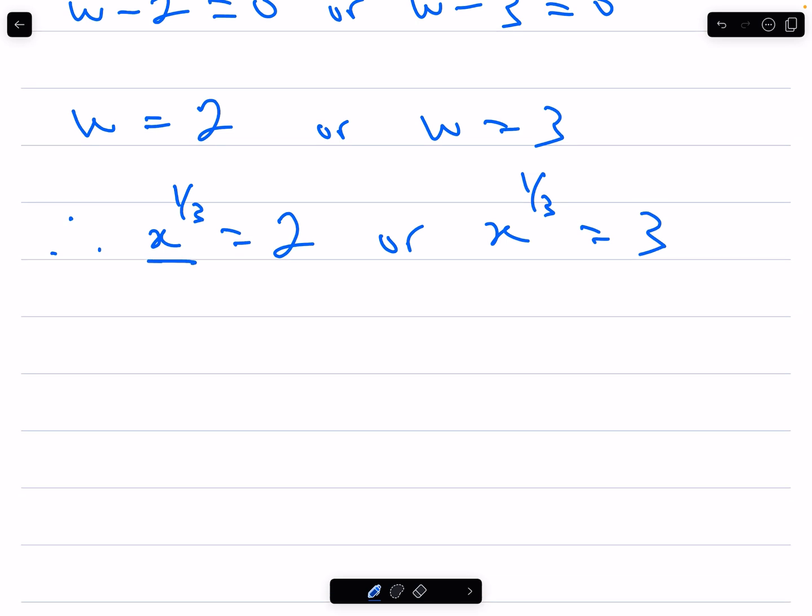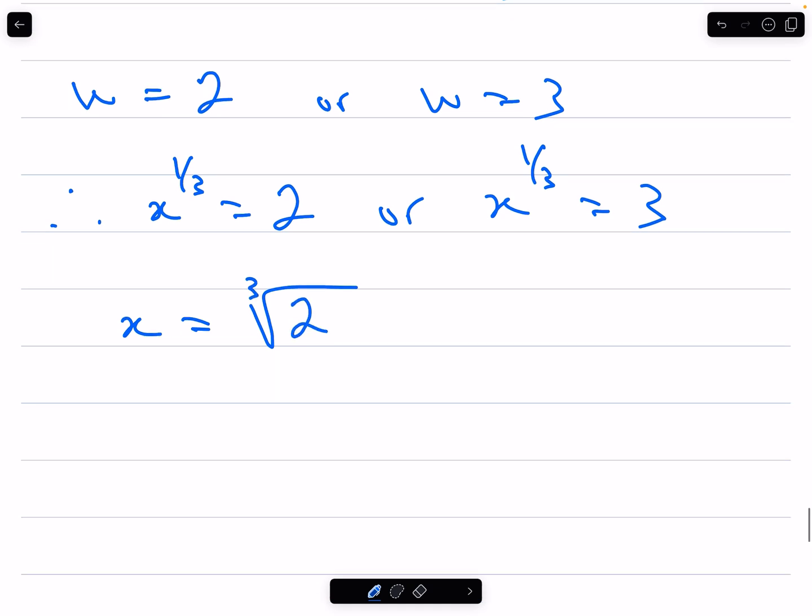If x raised to power 1 over 3 is equal to 2, that simply means raising both sides to the power of 3. Yeah, raise both sides to the power of 3.